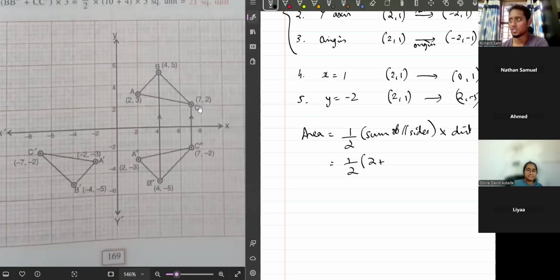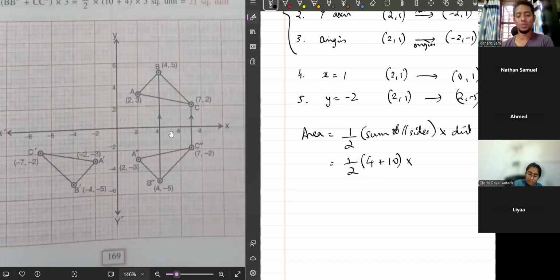It's 4 units. 2 to minus 2 is 4 units. And this is from 5 to minus 5. How many units? 10 units. How do you get the number of units? It's just a big number minus small number. That's it. So here 5 minus minus 5. That's 5 plus 5, 10.